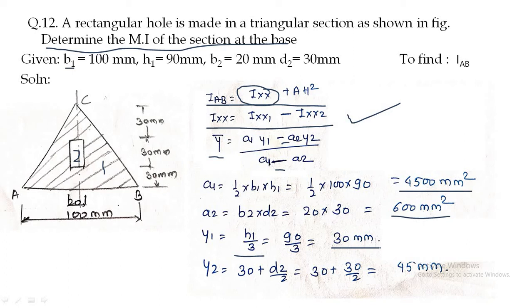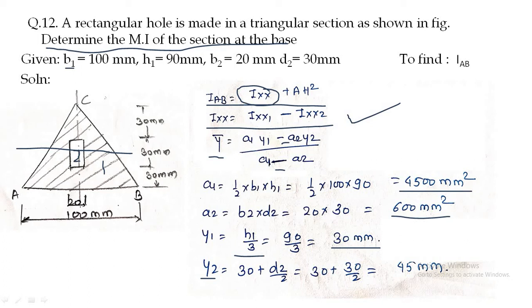Then, moving forward, when we have to find y2, we have to take the distance of the horizontal central axis of the rectangle from the base. Remember, the horizontal central axis of the rectangle is at half its total depth. So it will be at a distance d2 by 2 from the base of the rectangle.